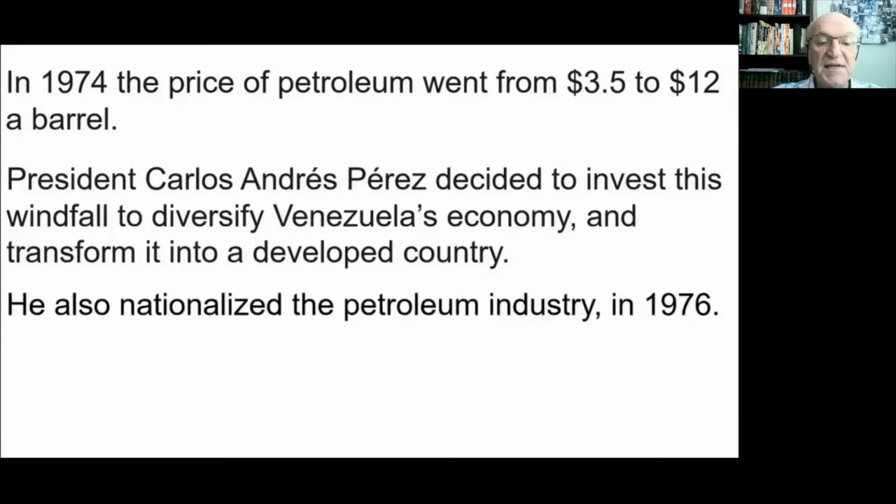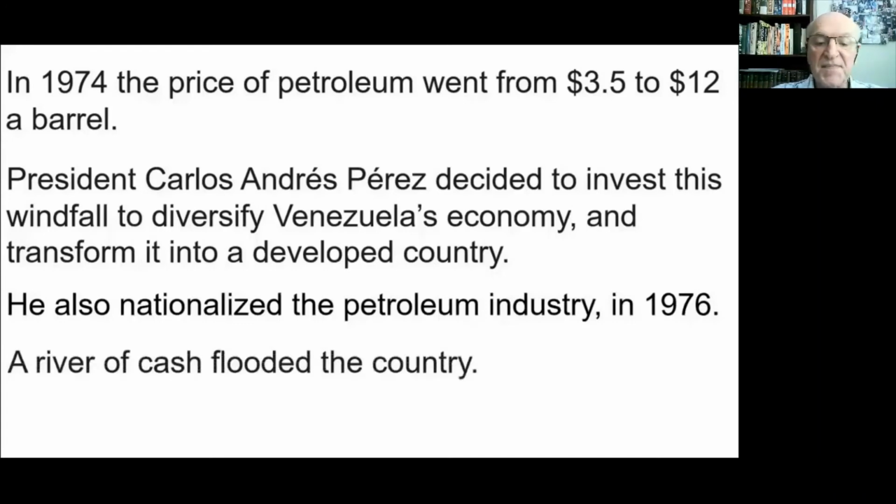He also nationalized the petroleum industry in 1976. A river of cash flooded the country. But what this caused really was more corruption.